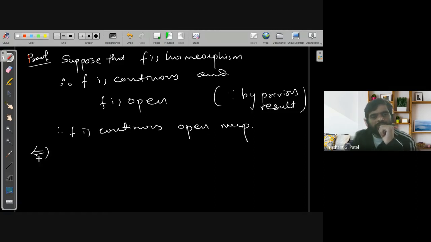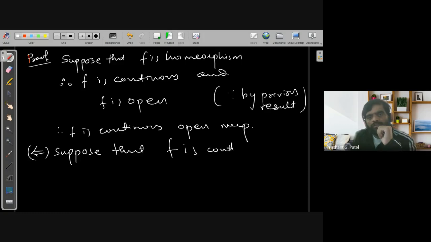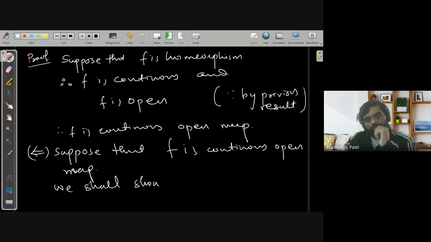Now conversely, suppose that f is a continuous open map. We shall show that f is a homeomorphism.